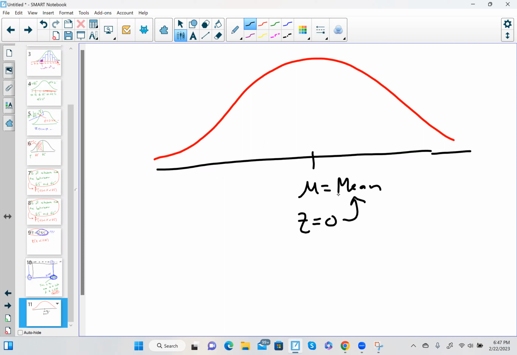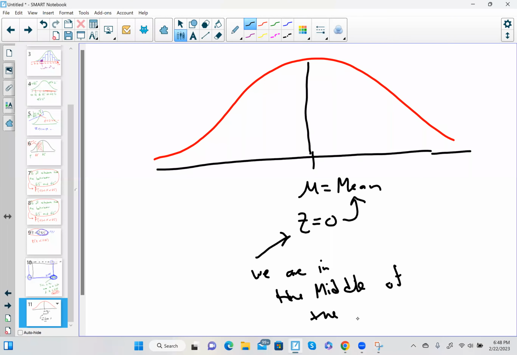Z equals 0 is a way of saying you're in the middle of a normal distribution. That's what Z equals 0 means. We are in the middle of the normal distribution.